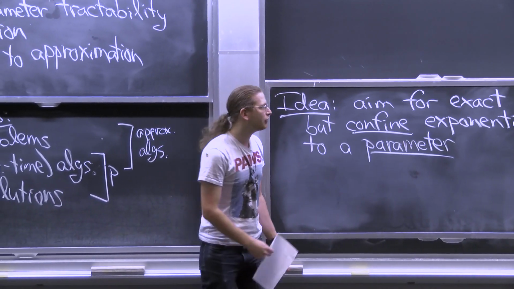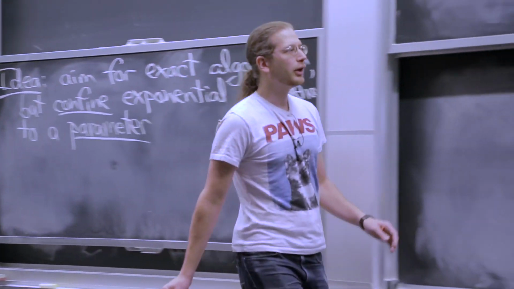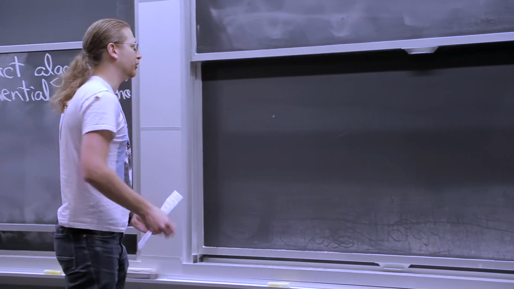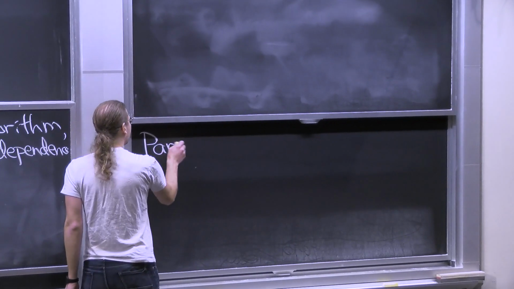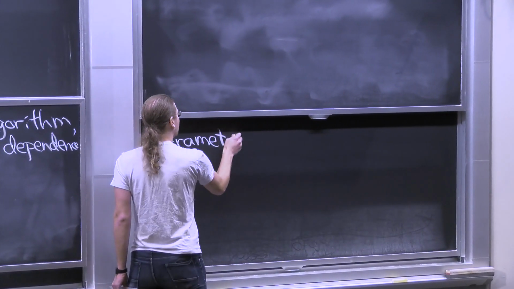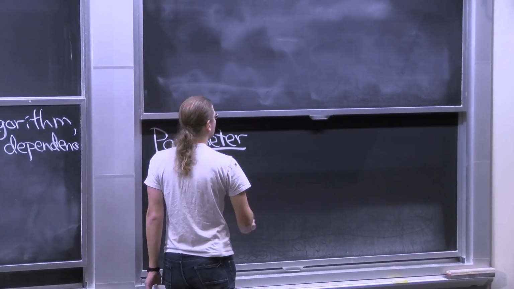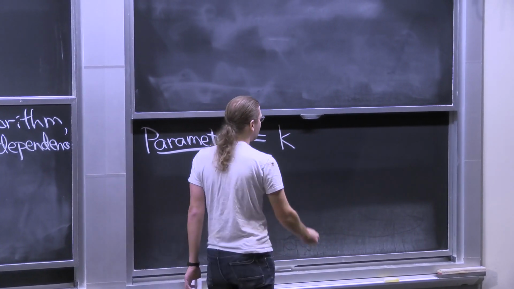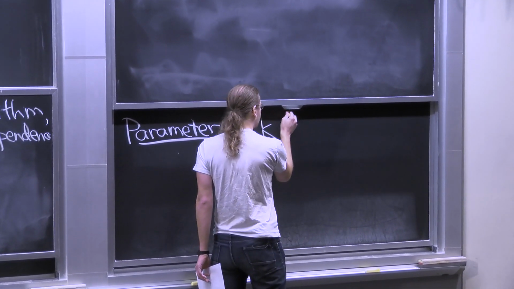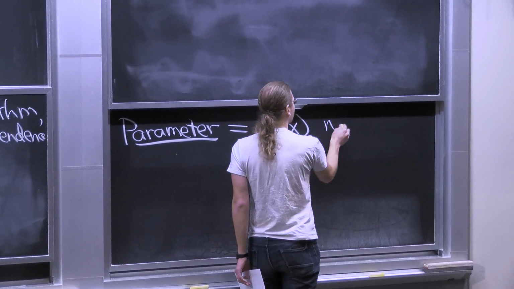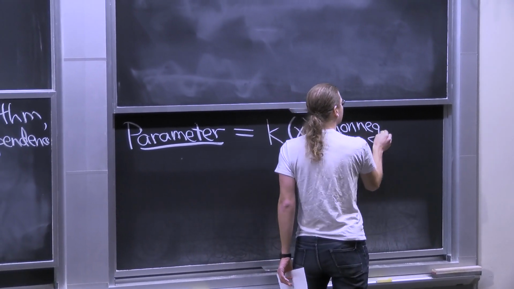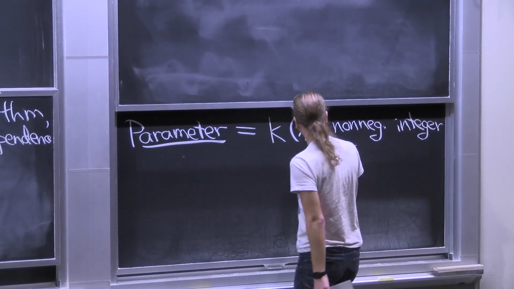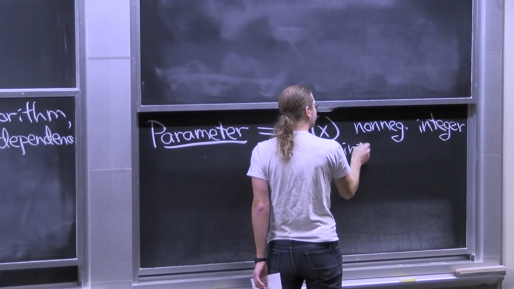A parameter, in general, is just some kind of size or complexity measure. So in general, a parameter is going to be, I'm going to call it k of x, and it should be a non-negative integer. And x is the input.